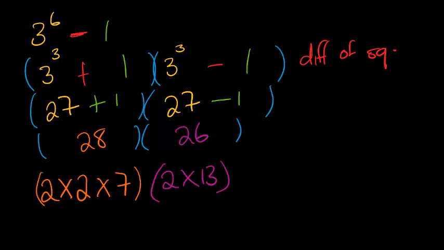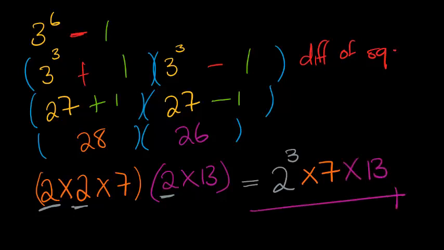So my next step, my final step, is going to be to find like terms. I've got 2, 2, and 2. That is 2 to the power of 3 multiplied by 7 multiplied by 13. And that, dear folks, is your final answer.